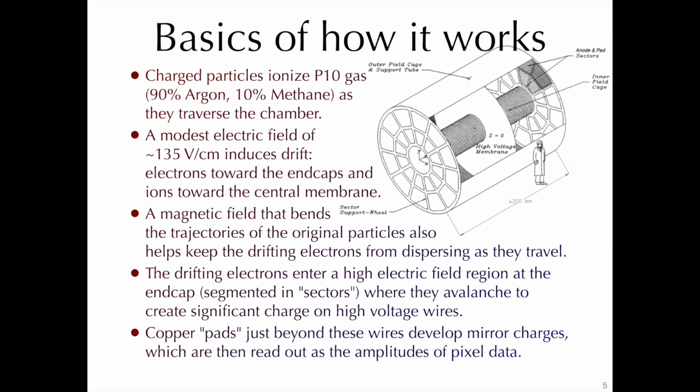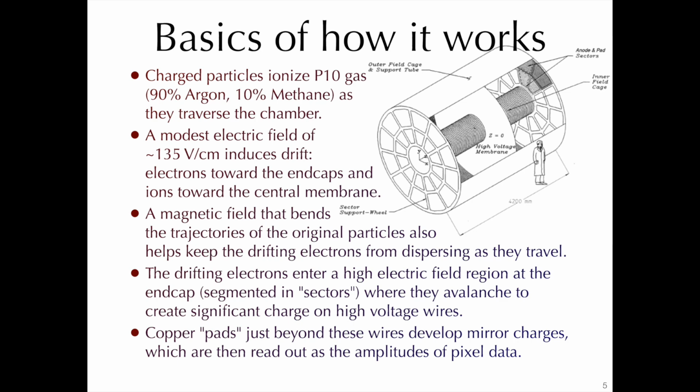So as they drift, they go through a magnetic field, and this magnetic field does two things for the TPC. The first is that, of course, it bends the trajectories of the original particles, which allows us to have a curvature that we can measure to determine the transverse momentum. And then, additionally, these drifting electrons, without the magnetic field, tend to disperse as they drift.